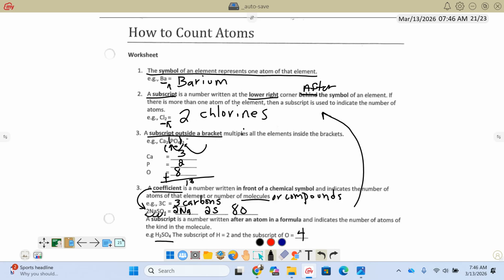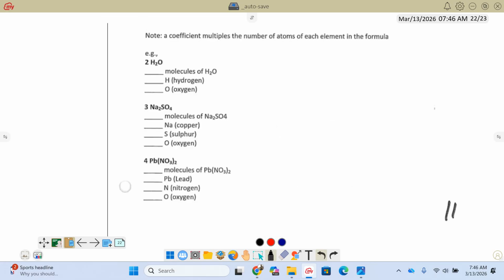Moving on, let's go to the next page as we continue the process of counting atoms. This is further down the page. We want to count the molecules in water here. We have 2 water molecules. So the first thing we need to do is write a 2 here because that's how many molecules there are.